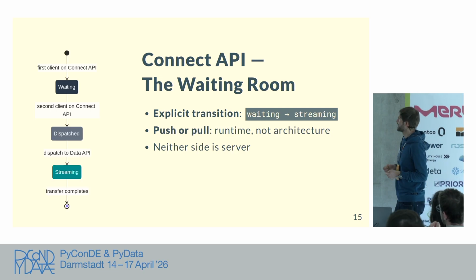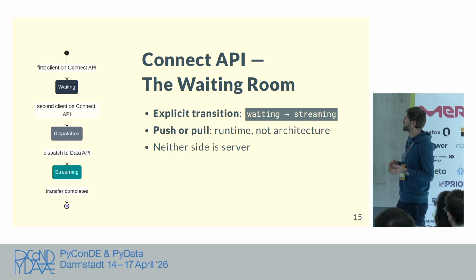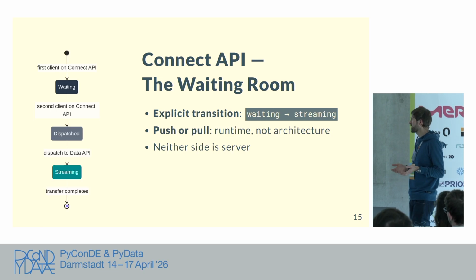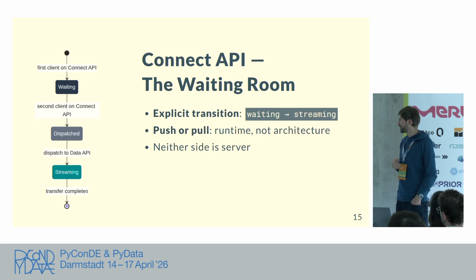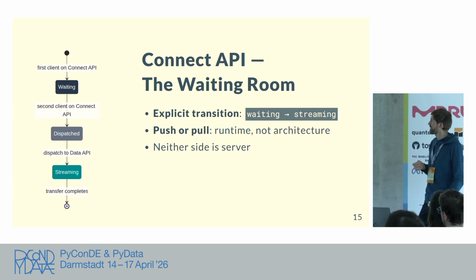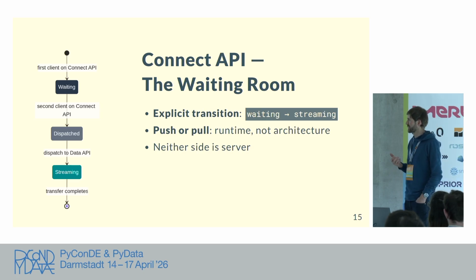And the handshake is basically just a different API. We build it modular so that we have such a flow. The first client, producer or consumer, doesn't matter, connects to the connect API and hangs waiting. This is a long poll mechanism.